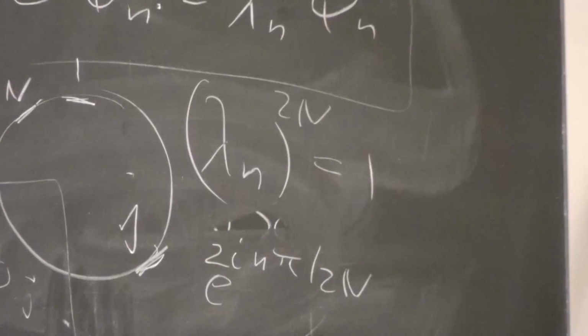Actually, I call it sum over alpha. And then we have e to the i n alpha pi over 2n times phi alpha. So this is how it looks like.